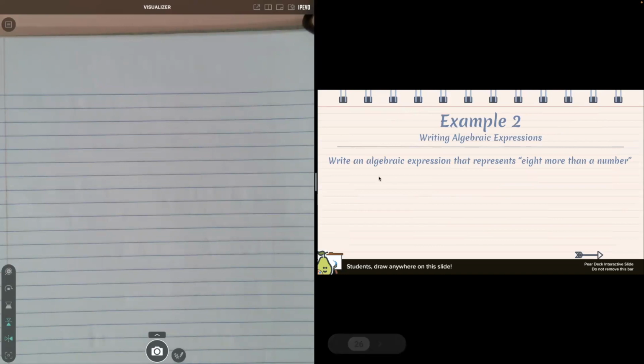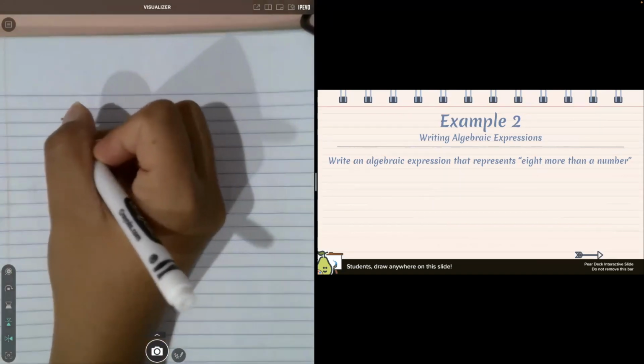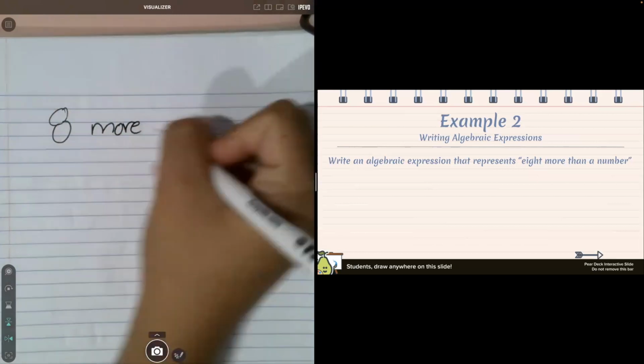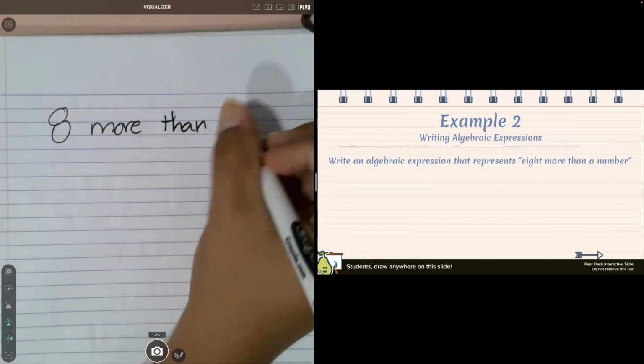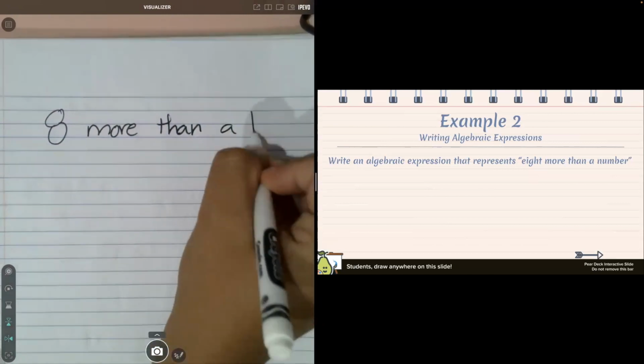So for here, we're going to write an algebraic expression that represents 8 more than a number. So we have 8 more than a number.